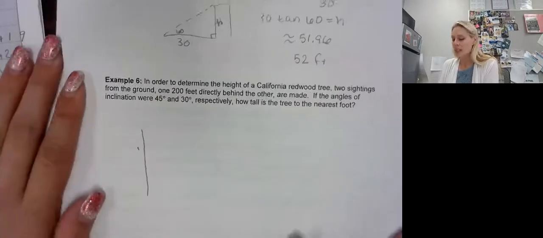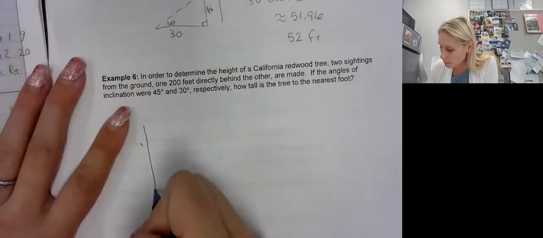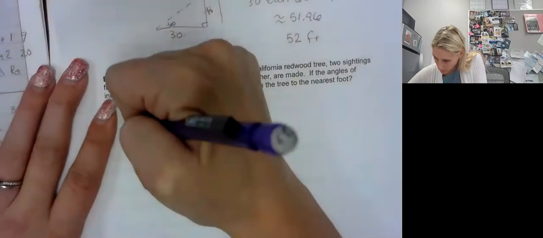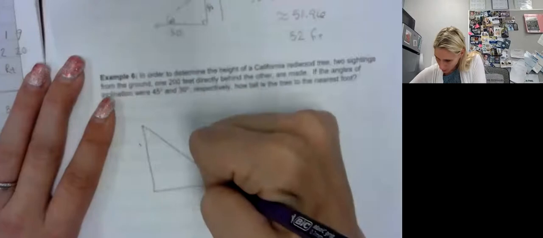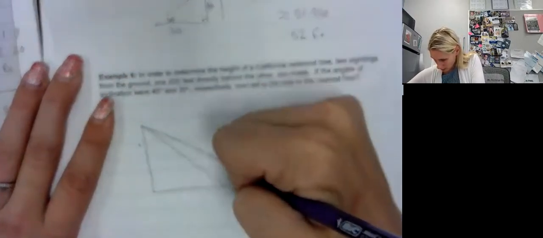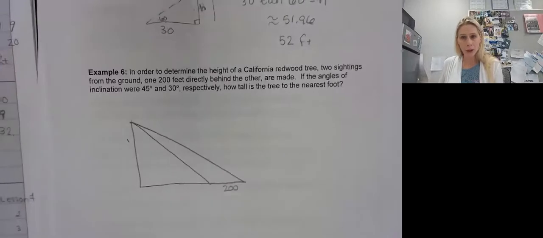Okay, so we have one observer that's making a measurement here, and another one is making it here. And this is 200 feet away from each observation. I actually drew it better without making the tree this time.